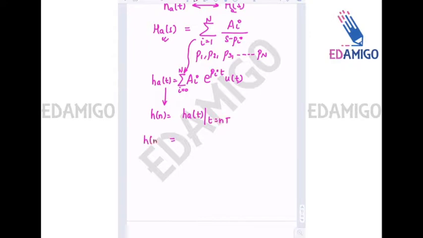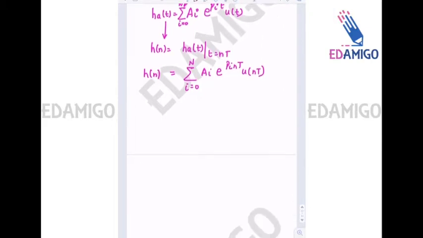So h(n) will come out to be summation of A_i e to power p_i nT u(nT). Since n is the variable and T is the sampling instant, a constant, this can be written as e to power p_i T whole to power n, u(n).